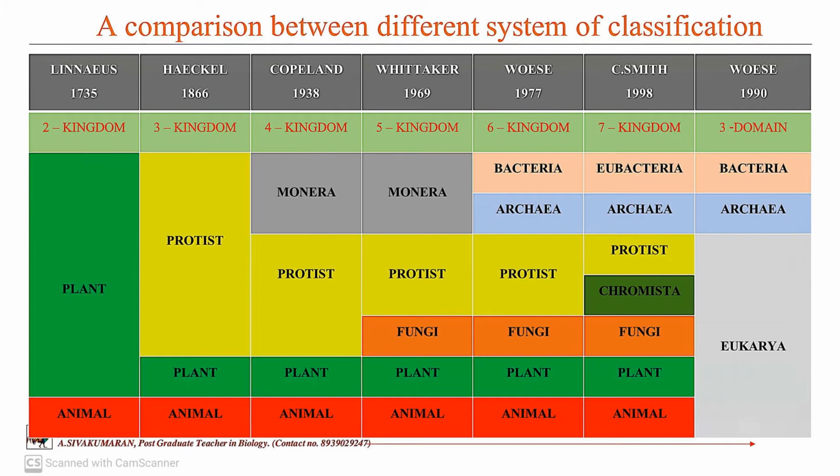And in the three domain classification, they divided the whole thing into bacteria, archaea, eukarya. So all plant, animal, fungi, everything they grouped into eukarya. Each one is called a domain here, not a class.